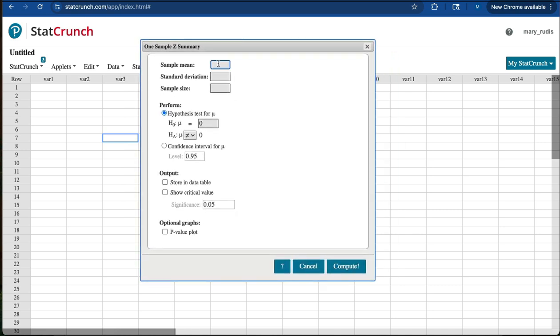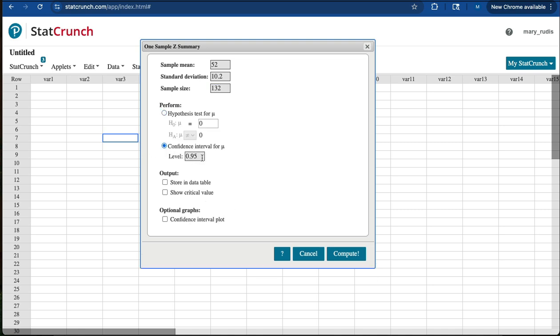Our sample mean is 52. Our sigma, our population standard deviation, is 10.2. And our sample size is 132. Our goal is to get a confidence interval, and our level is 0.92.